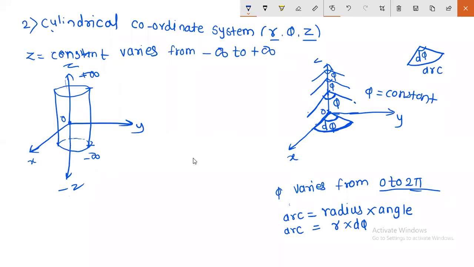So note down everything, then we'll see the differential areas. Be fast, and if you have already noted, tell me so that I can erase the screen.